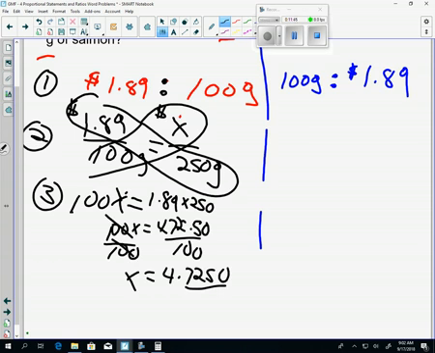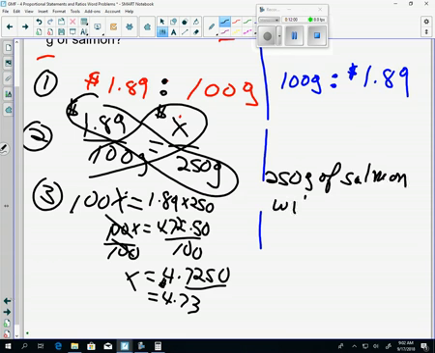Since 5 is the third one, we're going to round this up to 3. So 250 grams of salmon will cost $4.73.